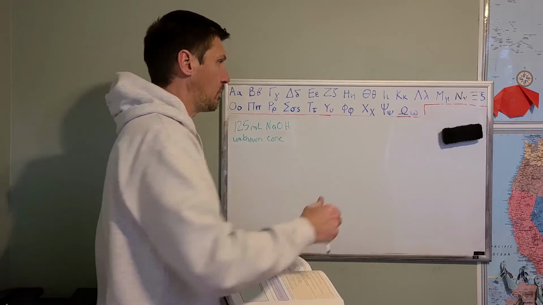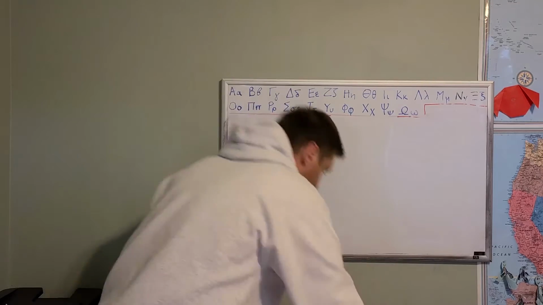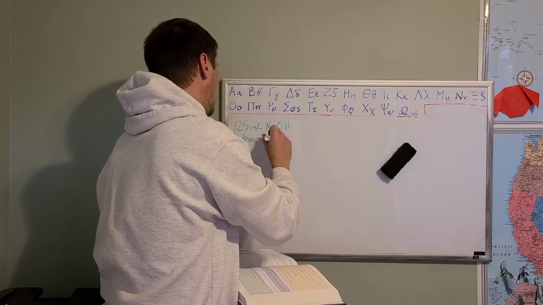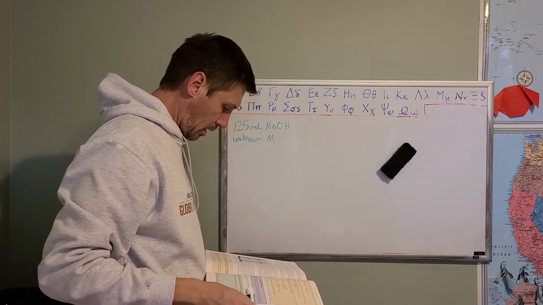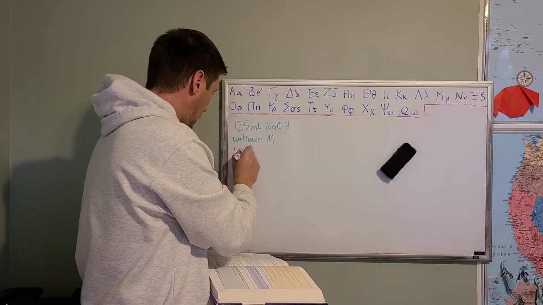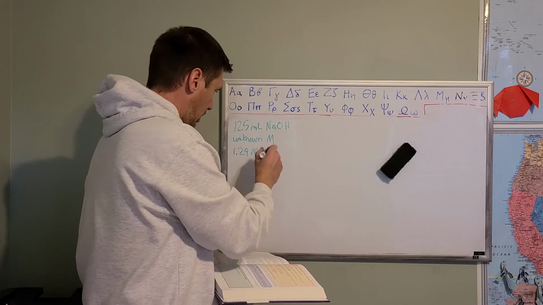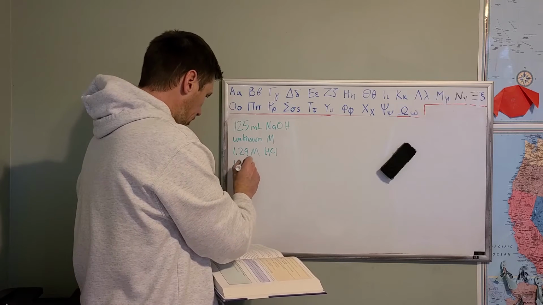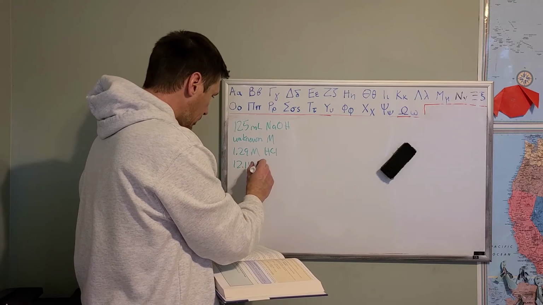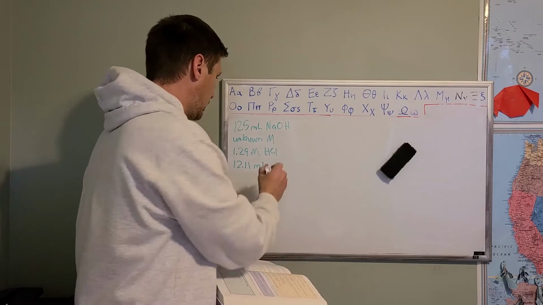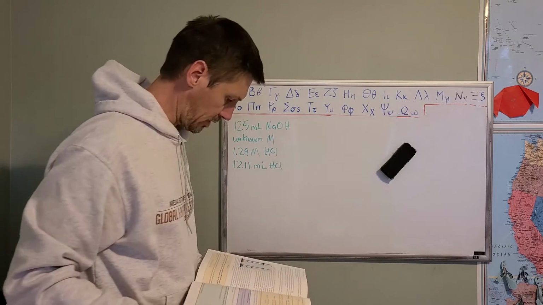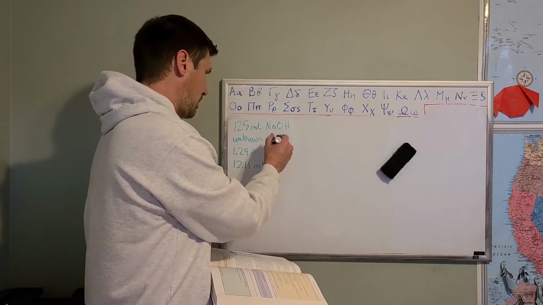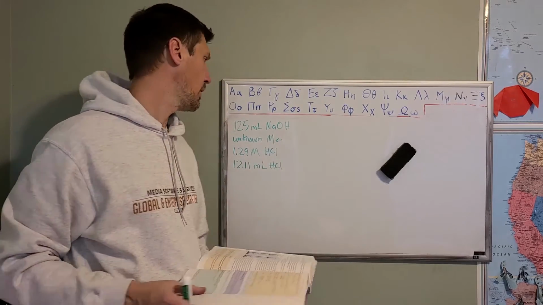And what do we mean when we say concentration? We mean unknown molarity, right? So unknown M, and we have a 1.29 molarity solution of hydrochloric acid, HCl. And 12.11 milliliters of this HCl solution is what gives us our endpoint. And so what is the molarity for the NaOH?